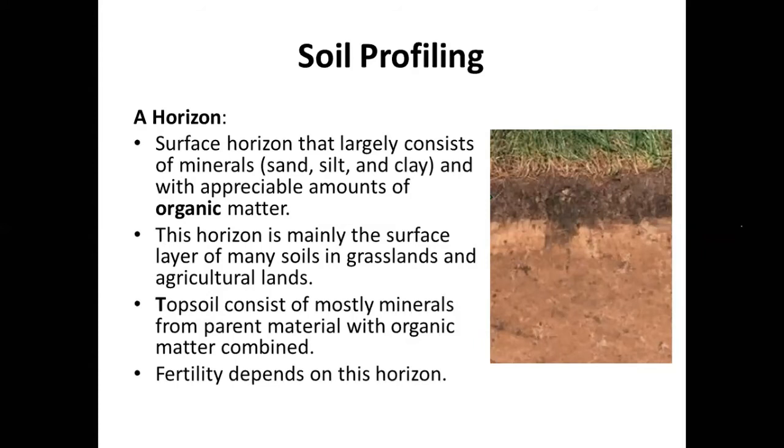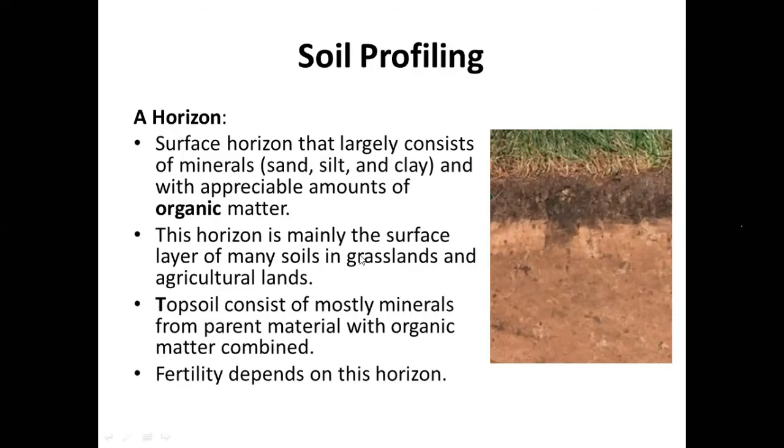So this horizon is mainly the surface layer of many soils in grassland and agricultural lands. Why? Because in grasslands the vegetation will be higher, that means the organic matter will also be higher. So that surface horizon or A horizon can be mostly found in grassland and agricultural land.